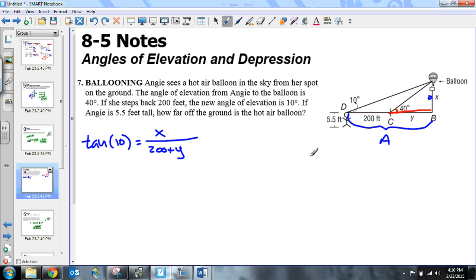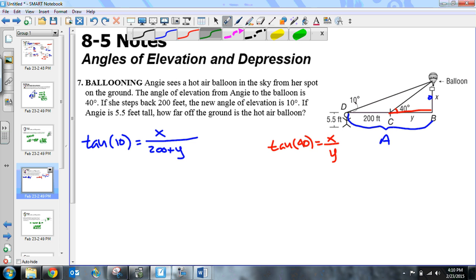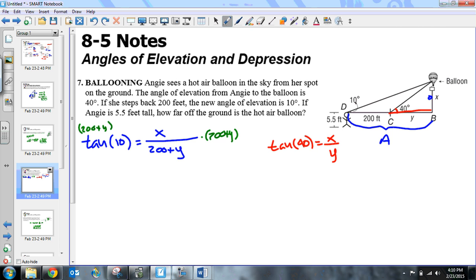Tangent of 40 degrees gives me the side length x divided by y. Now I'm going to solve both of these for x. I'm going to multiply both sides of this equation by 200 plus y, and both sides over here by y.